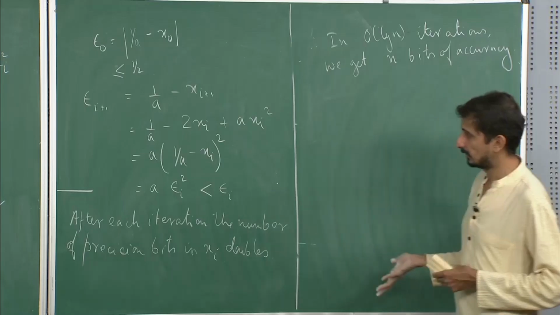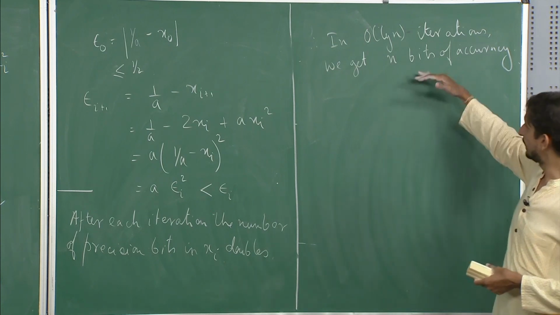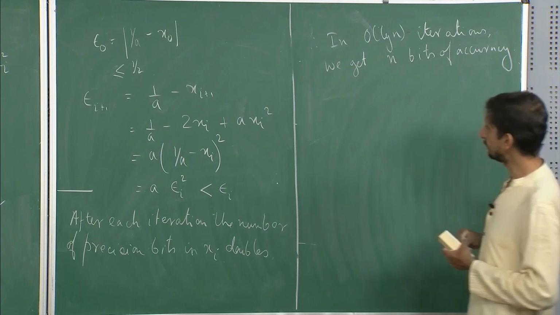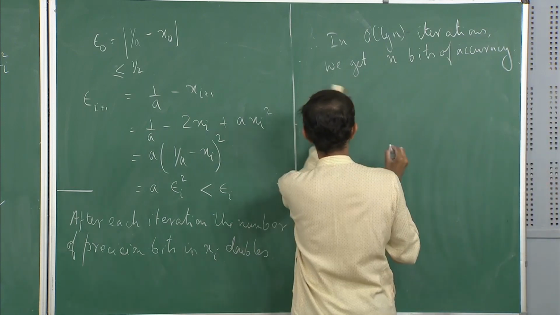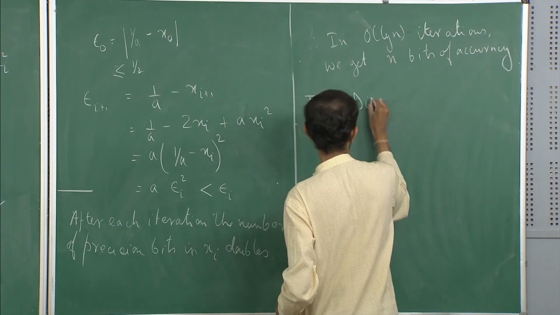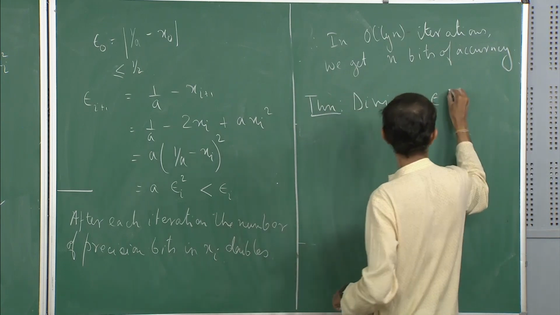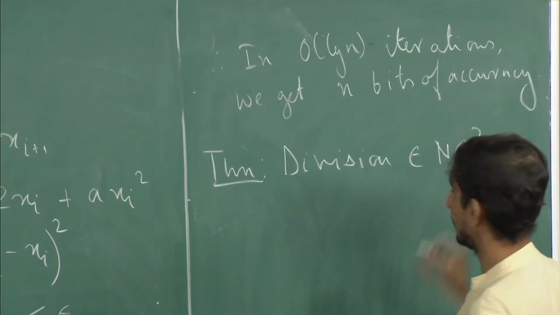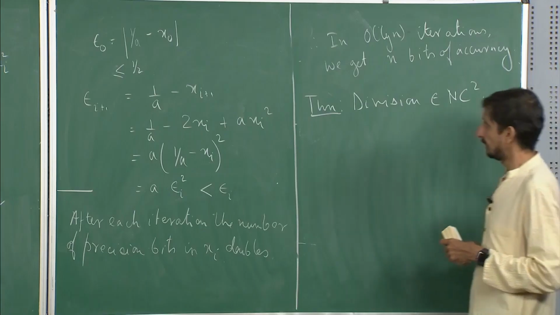If you are looking at NC circuits, that is like log depth for us, and here we have another additional log depth. So, therefore, division is in NC2. So this gives us an NC2 circuit for division.